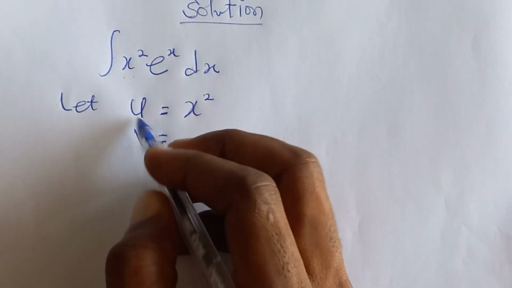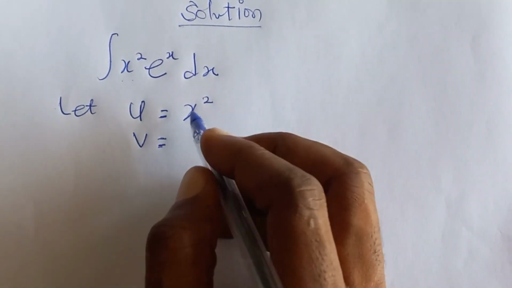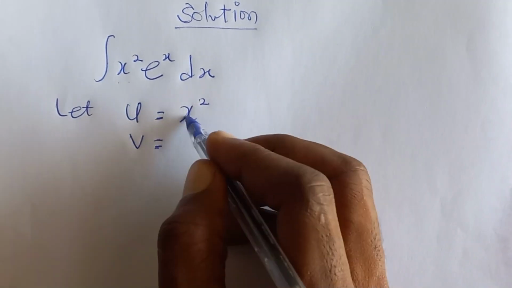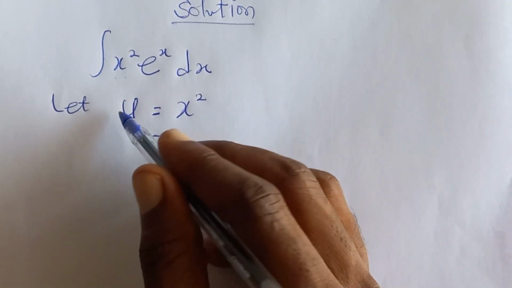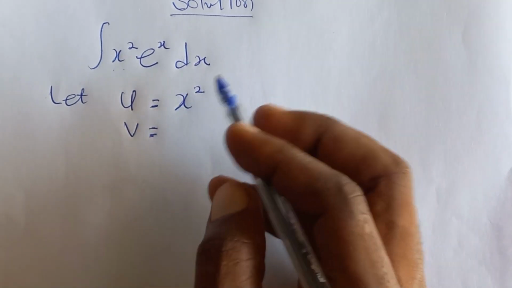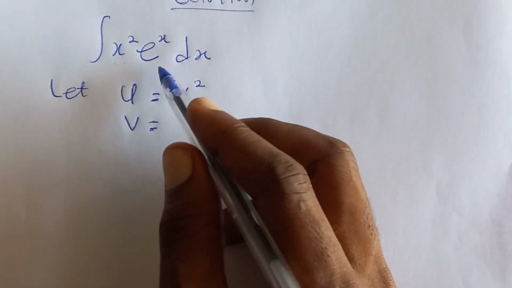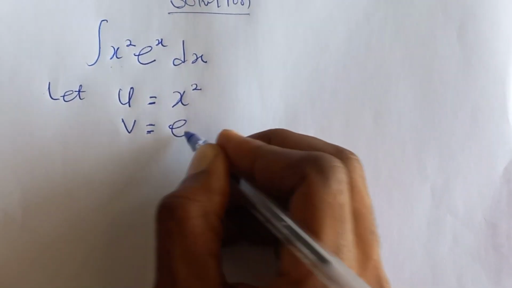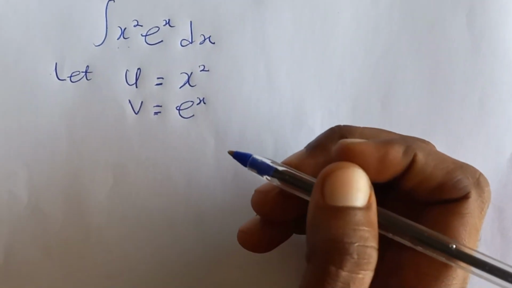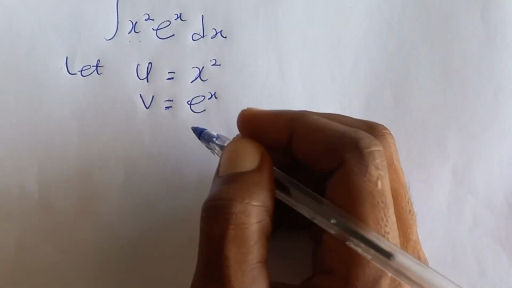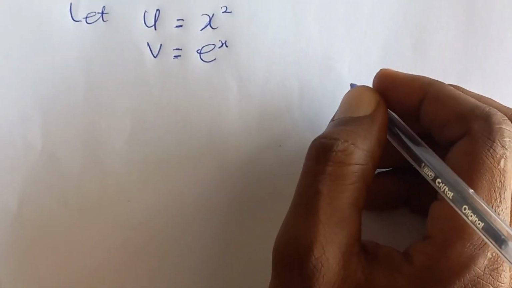So we let u be equal to x squared because it is very easy to differentiate. Then we let v be equal to e power x because it is easy to integrate. From here, we form a table.